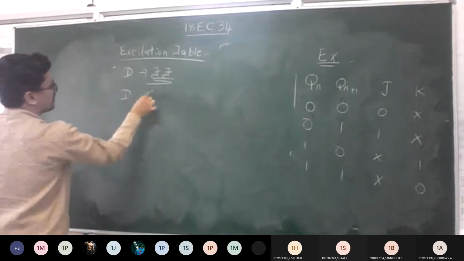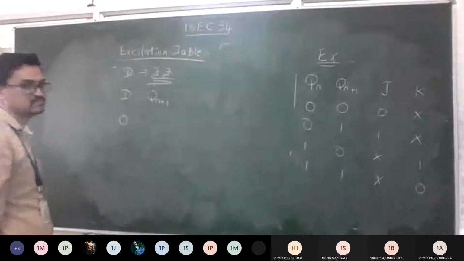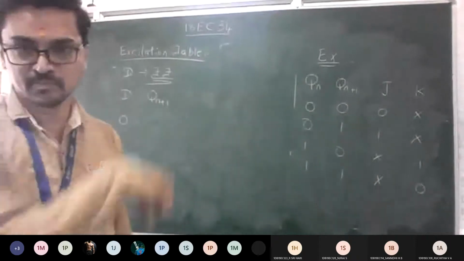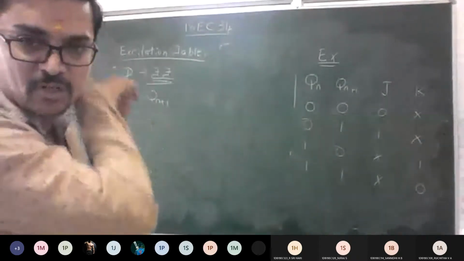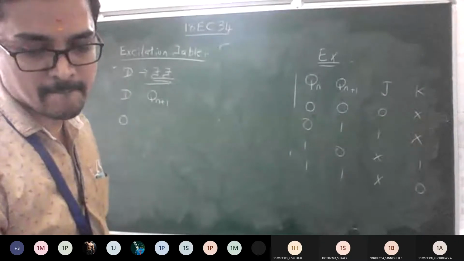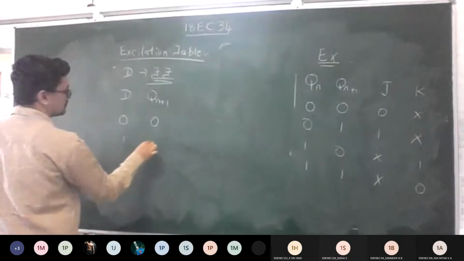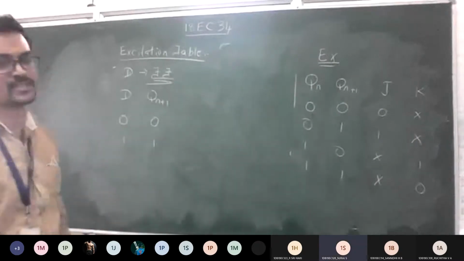It is D, and one more is Qn plus 1. If I give logic 0, what's the output here? 0. If I give 1, the output is 1. So this is your normal.